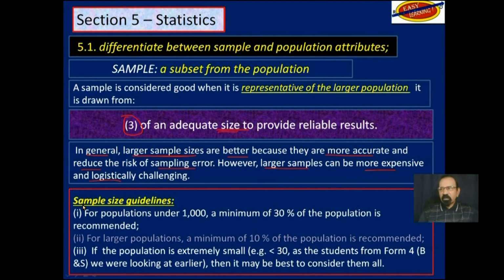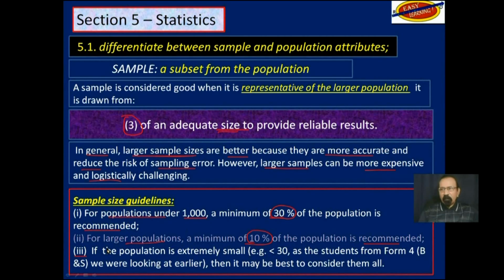So here is what you need to know. For populations under 1,000, a minimum of 30% of the population is recommended. For larger populations, let's say 5,000, 10,000, a million, a minimum of 10% of the population is recommended. CSEC didn't say that. This is what I have found from research.